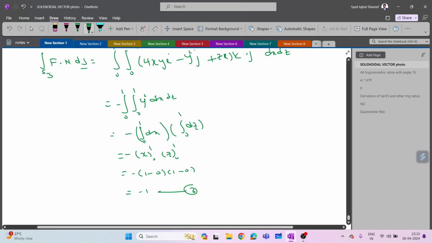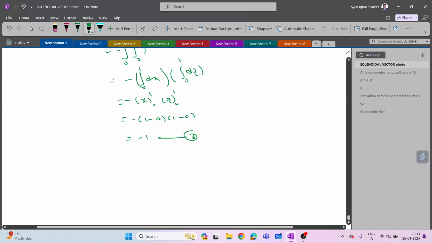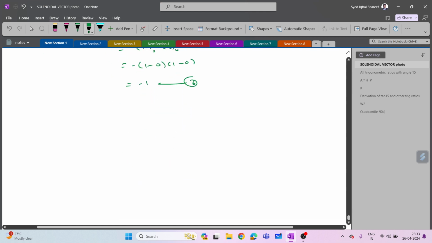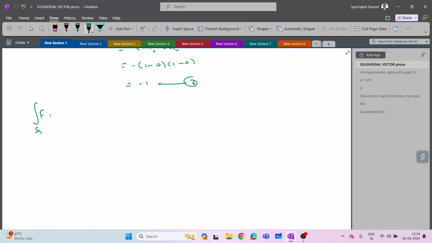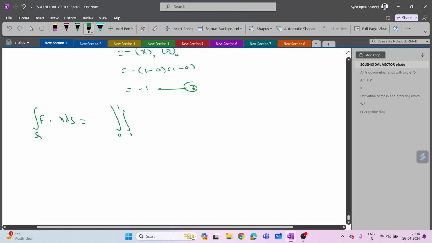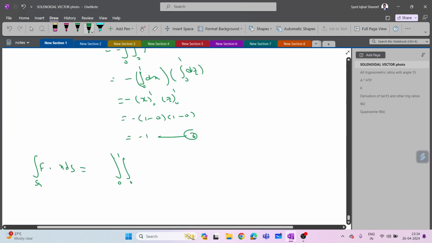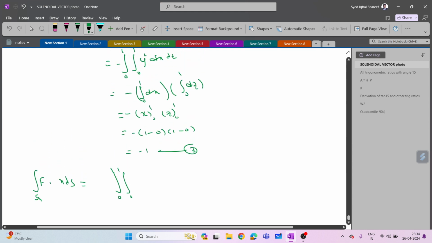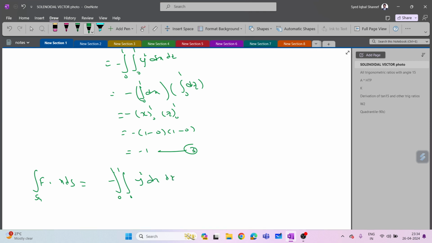Now S4, we have to go for S4. F dot n dS, so it is 0 to 1, 0 to 1. And you see, for that phase, what we are getting here? Minus y square dx dz.